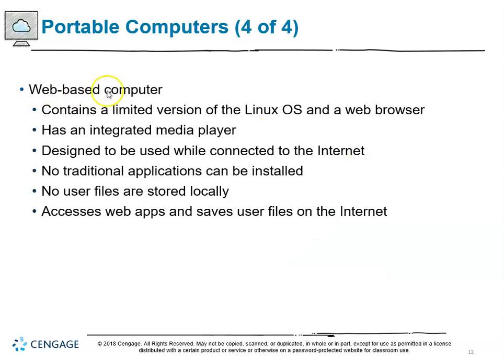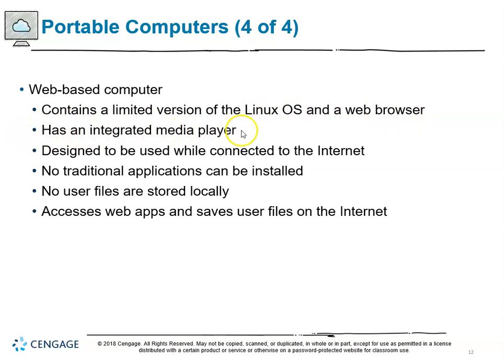Then there's the so-called web-based computer. For example, I mentioned Google Chrome. You would consider that a web-based computer because it has a very stripped down or limited version of an OS on it. In this case, Linux also produces web-based computers, and it would have the Linux OS and a web browser.